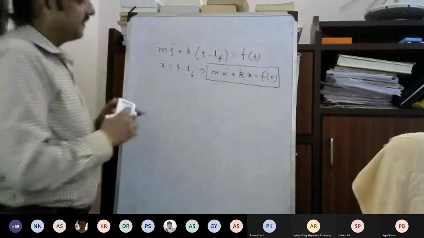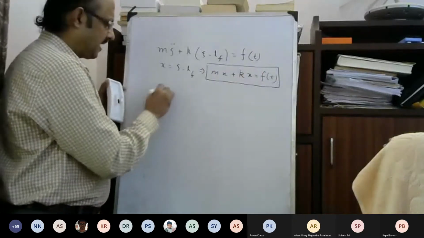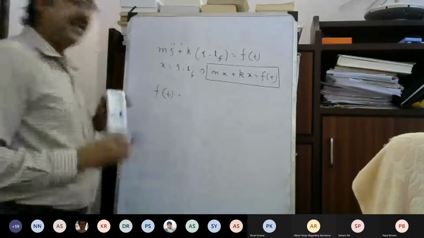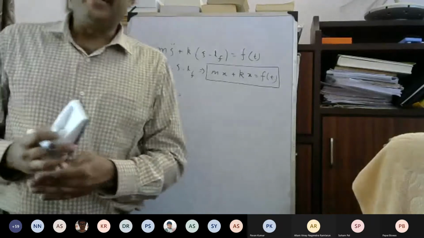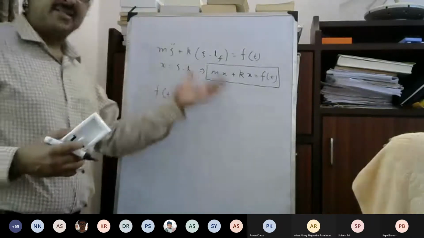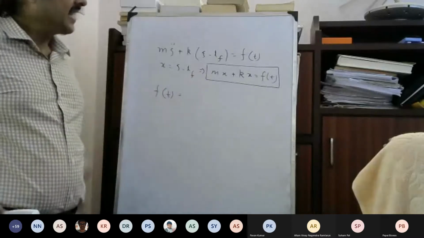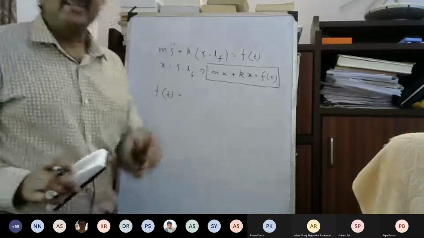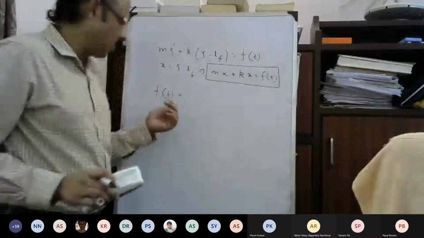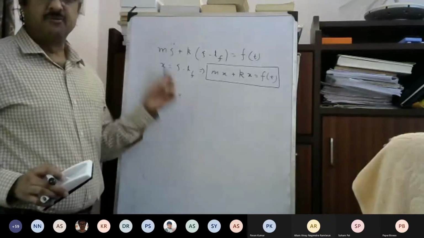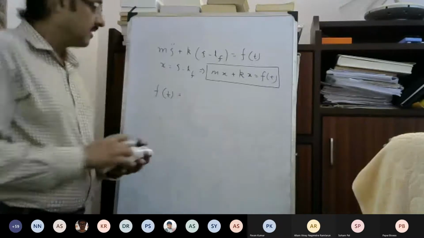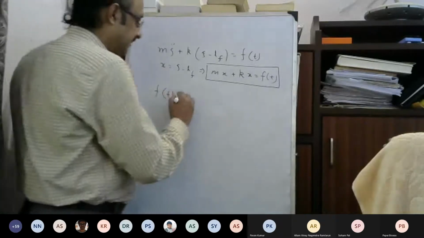Now the forcing can be of many types. Any function can be taken as a forcing function. There is no restriction. But this can be classified into two things. One is deterministic. That means you can determine the function if you know what the function is.